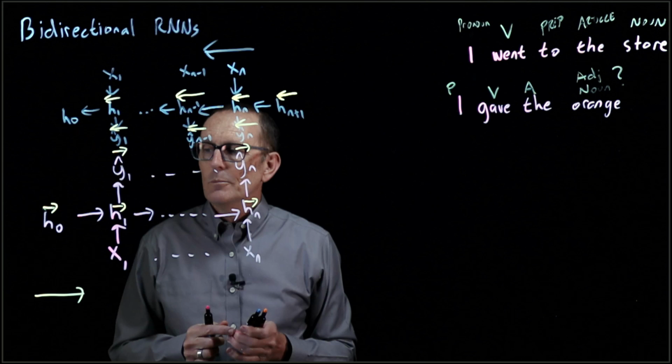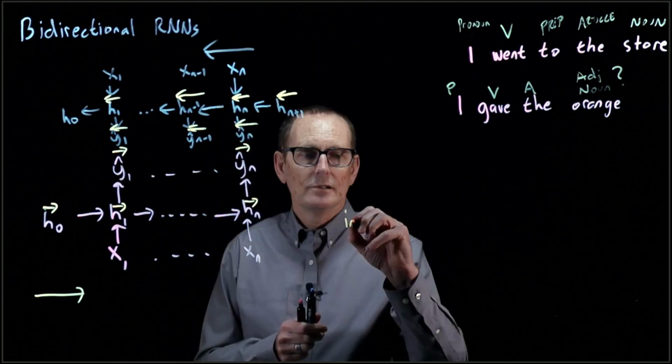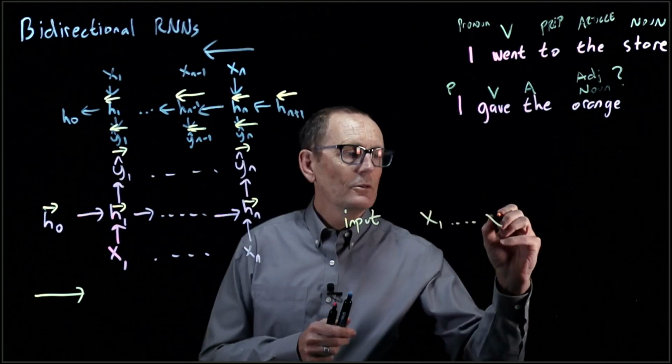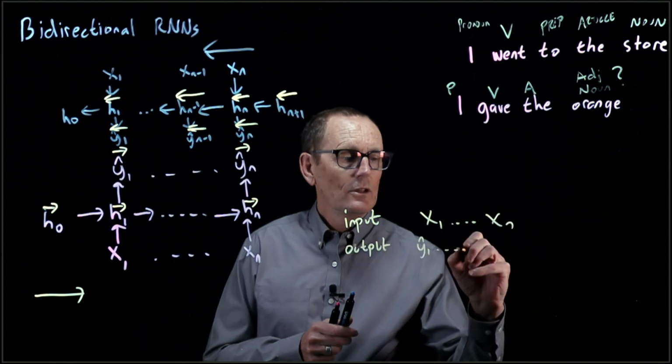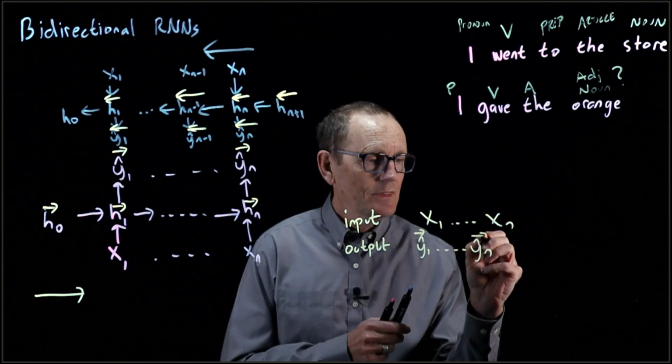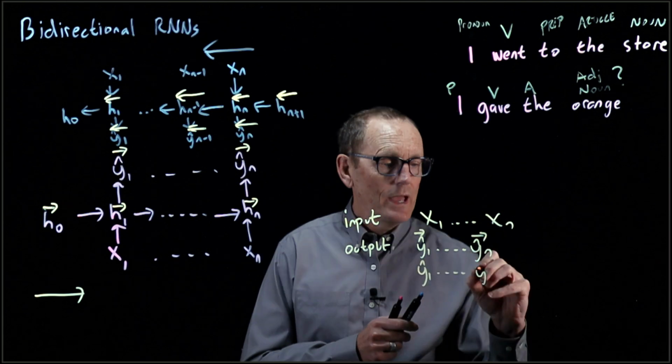Okay, in any case, what we notice is we feed in our X sub 1 through X sub n. And what we get as output is Y hat 1 through Y hat n. We have the right versions going from front to back, and then we also have Y hat 1 through Y hat n, the left versions.